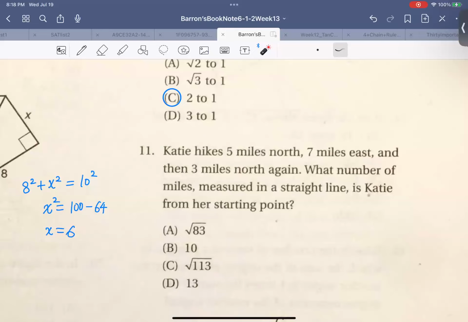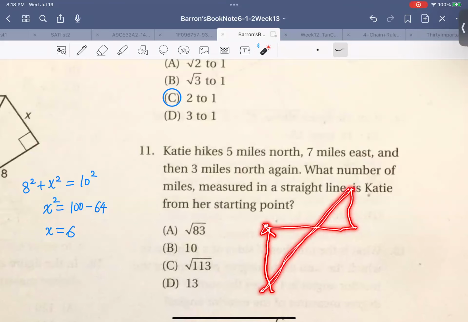Please send me your work. Katie, let's pay attention to here. First, go 5 miles north. And then you go to the right, and then you will go 3 miles north, and then you ask for here.